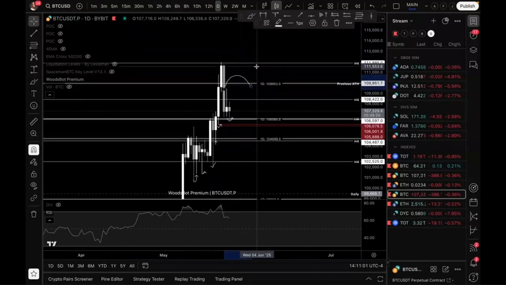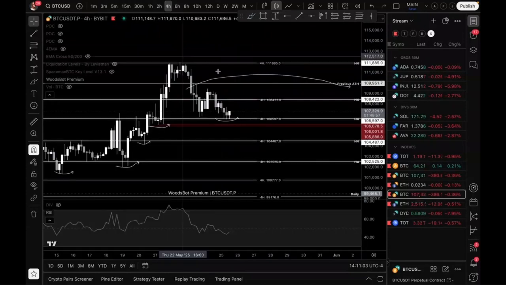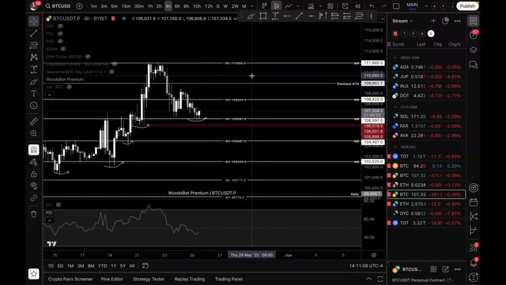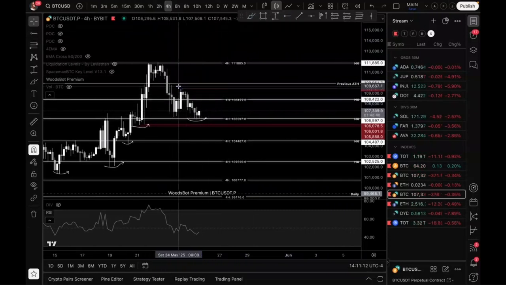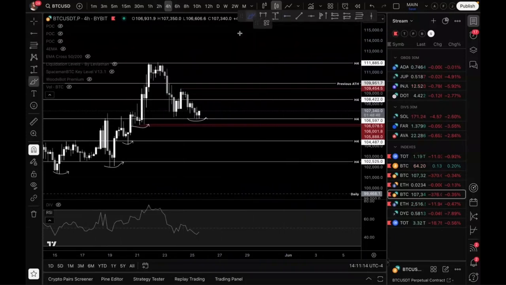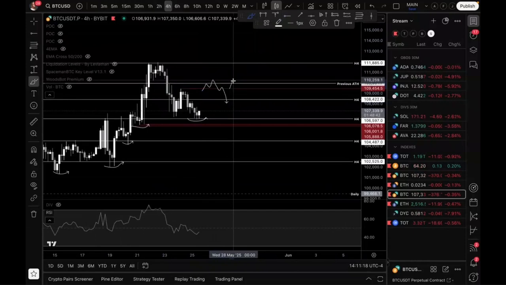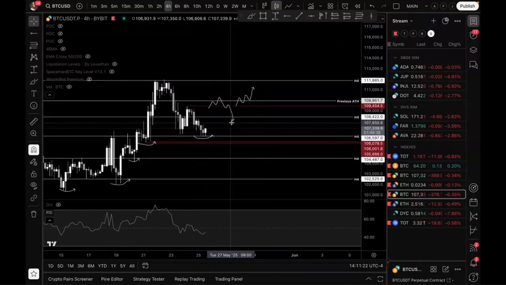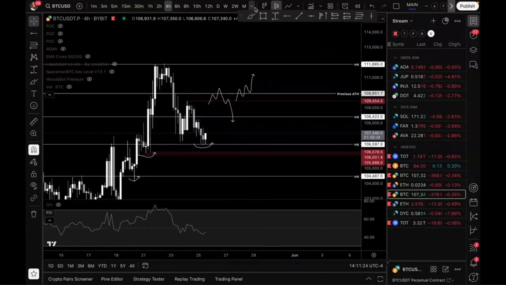Maybe shorting here, got a 4 hour level. Well, it's previous all-time high, right? So that's a big level. If anything, you're not looking to short here. This will be a tough level, and maybe you look to short there, or you just wait for the flip, whatever. But here, no, definitely not.